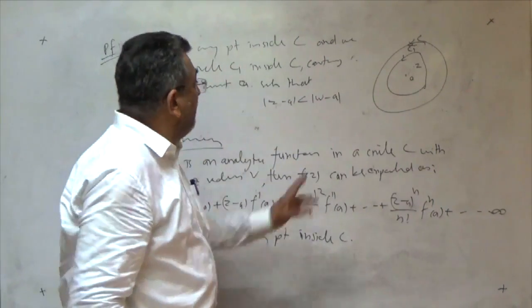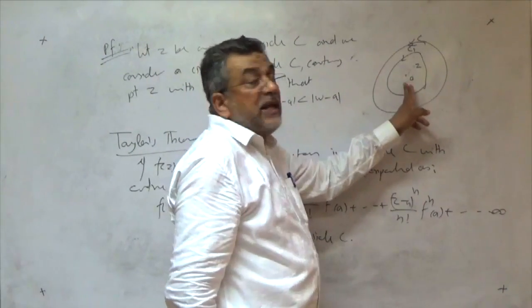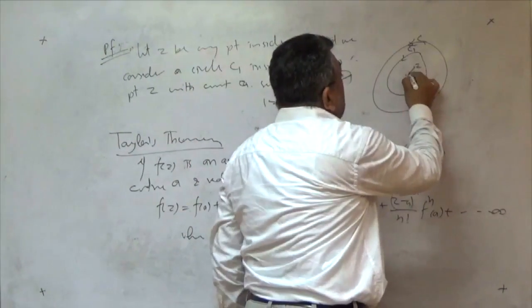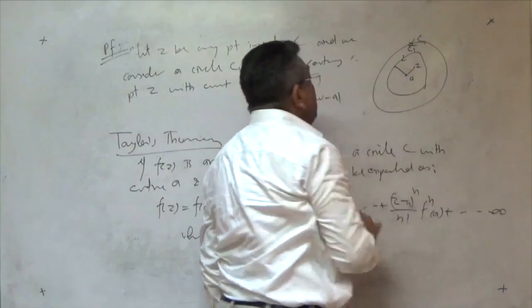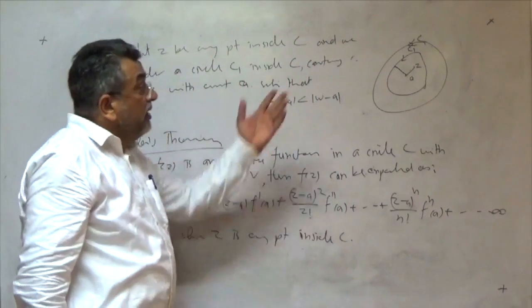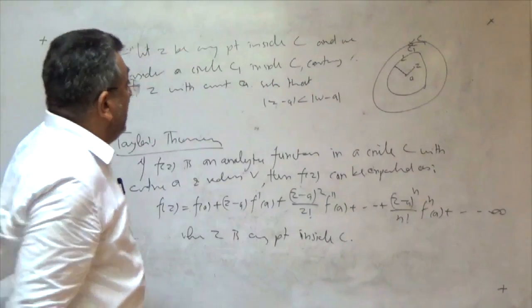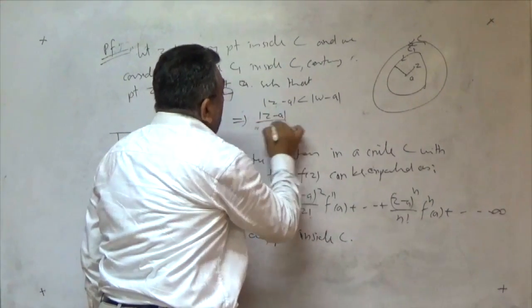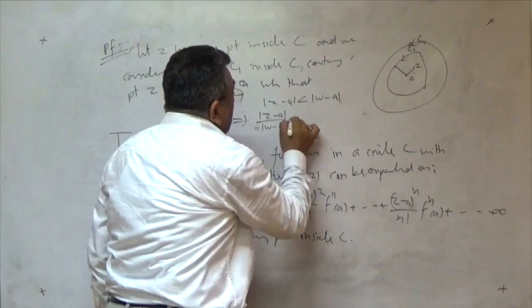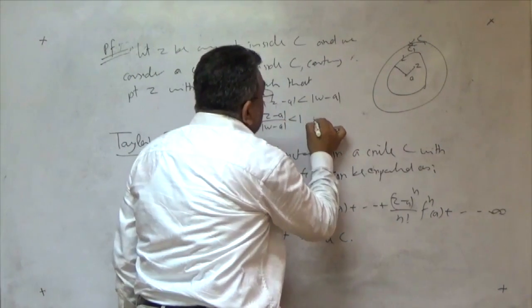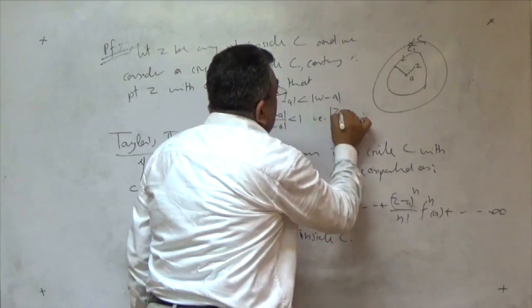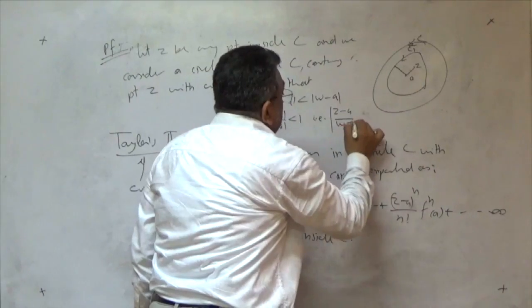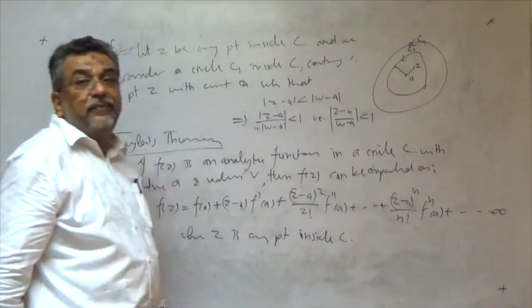Means the distance of z from a is less than the radius of this arbitrary circle C1. And from here you will get mod (z minus a) upon mod (w minus a) is less than 1. That is, mod of (z minus a) upon (w minus a) is less than 1.